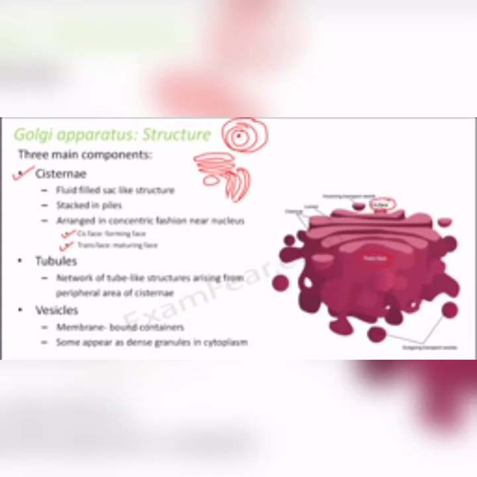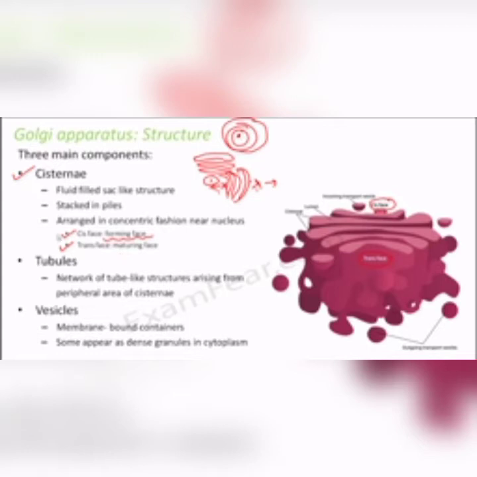The cis face is the forming face. This face is towards the nucleus and this face goes away from the nucleus. The cis face is also known as the forming face and the trans face is also known as the maturing face.